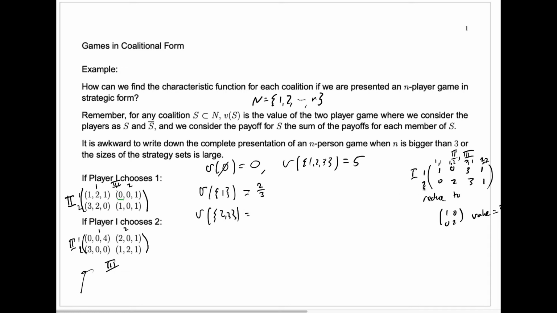Well, we want to look at a different matrix. We want to look at the matrix where 2 and 3, for some reason I'm writing them with Roman numerals, that's not necessary. Here we have players 2 and 3 playing against player 1.